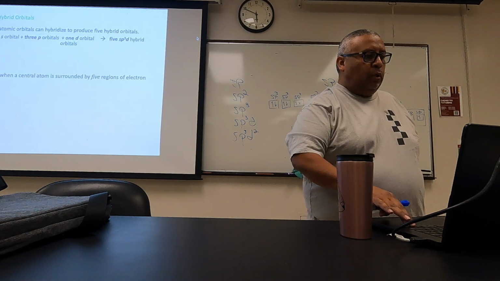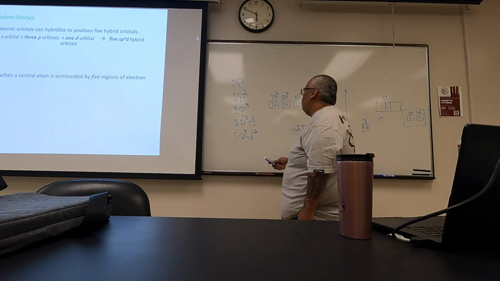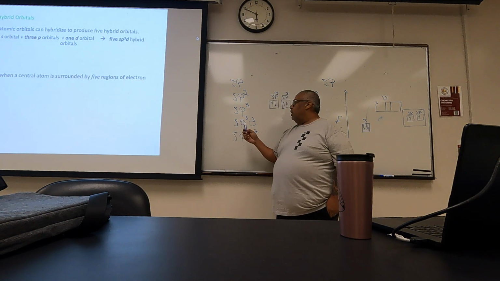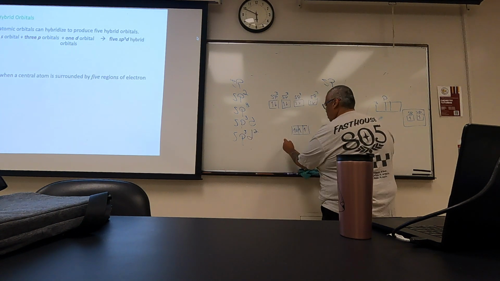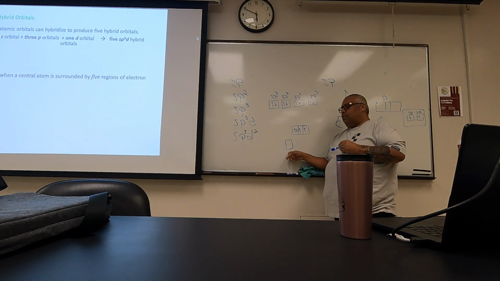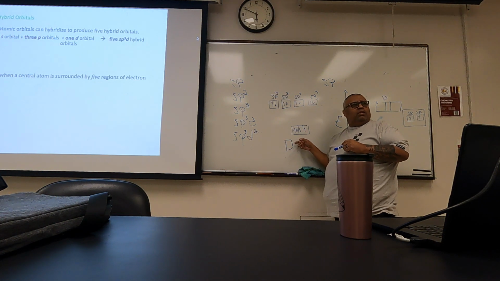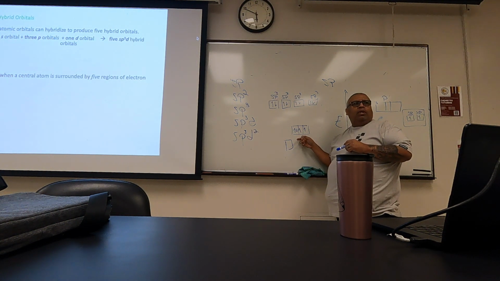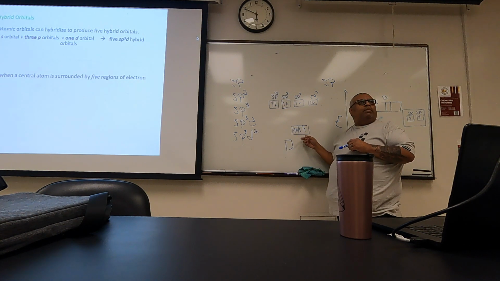So here we have what's considered sp3. So this is going to give me 4 hybridized orbitals because originally this is the s subshell, this is the p subshell, and the s and p subshells give us 4 orbitals, and we're always going to have these 4 orbitals.